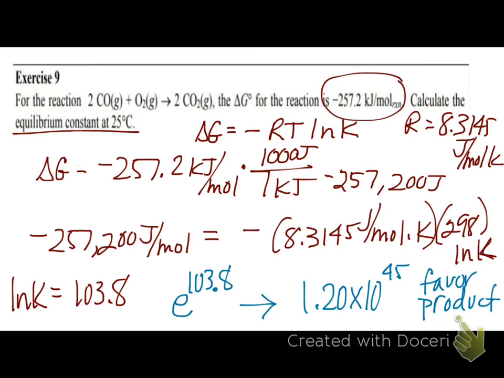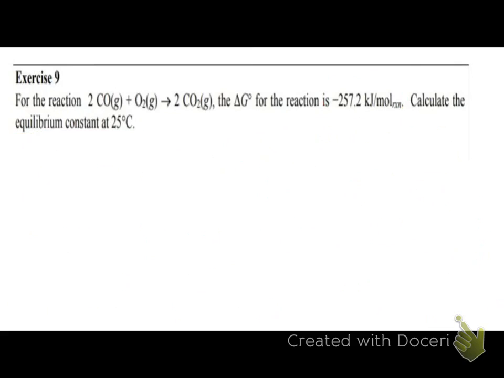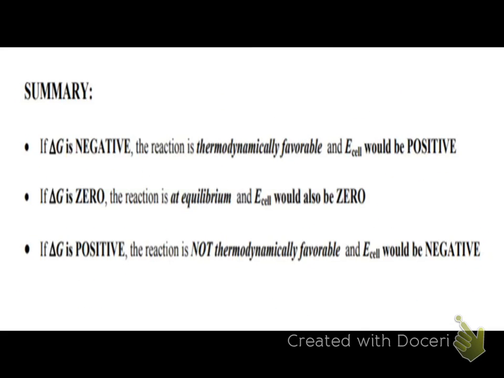Okay? All right. That is, I think, the last problem we need to work. So I'm going to go very quickly through the end because you guys are proficient readers. You don't need me to read to you. But here's a good summary that you should make sure you know for the test. If delta G is negative, then it's thermodynamically favored. It says E cell would be positive.